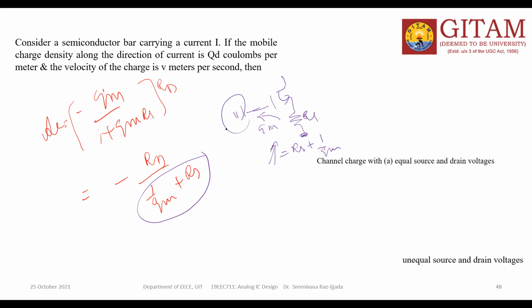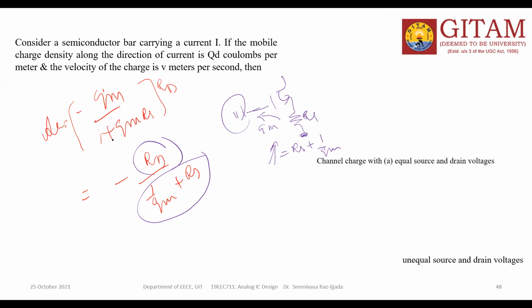That is the denominator. Whatever the numerator term, the numerator means the resistance seen from the drain terminal. So this is the significance. This is the common source stage with source degeneration.